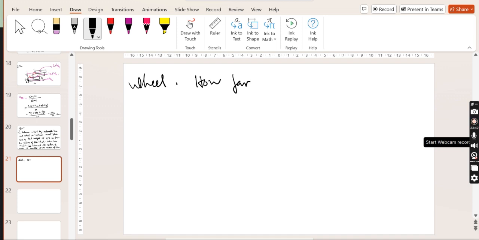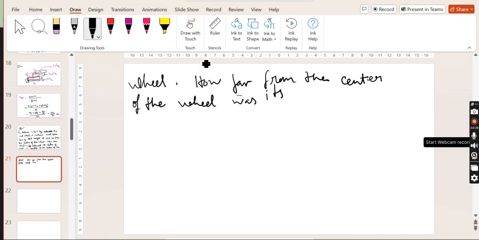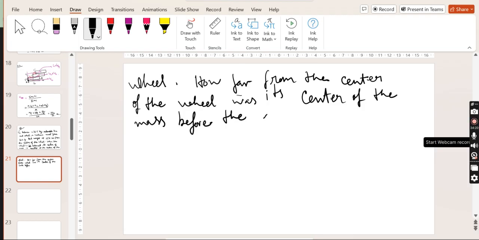How far from the center of the wheel was its center of mass before the lead weight was added?